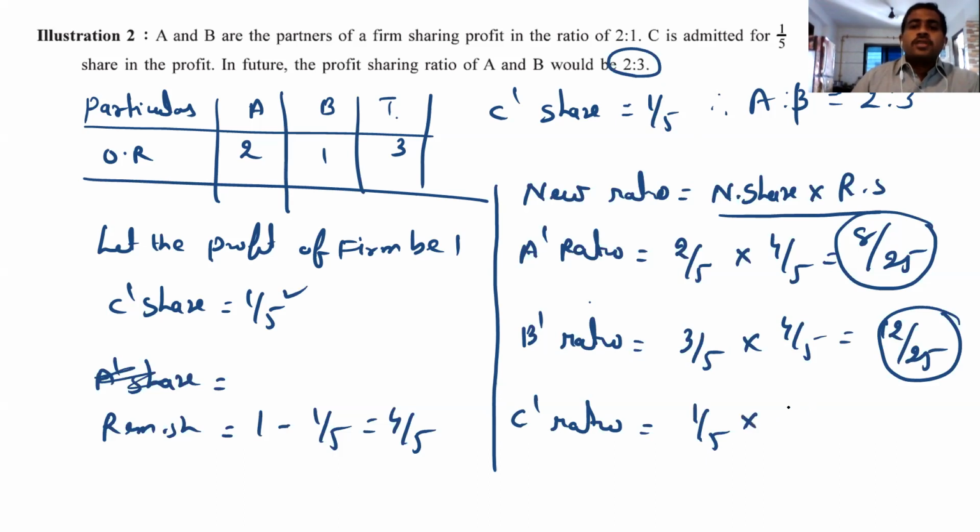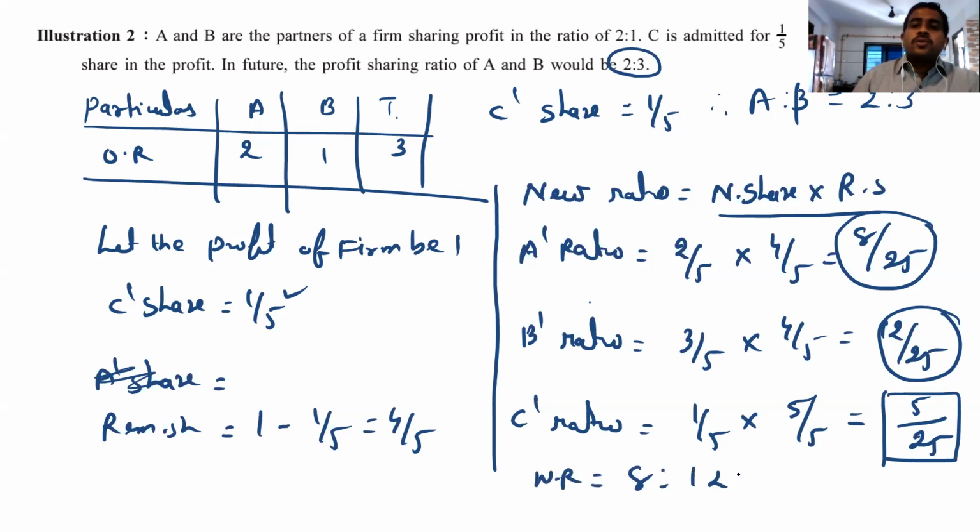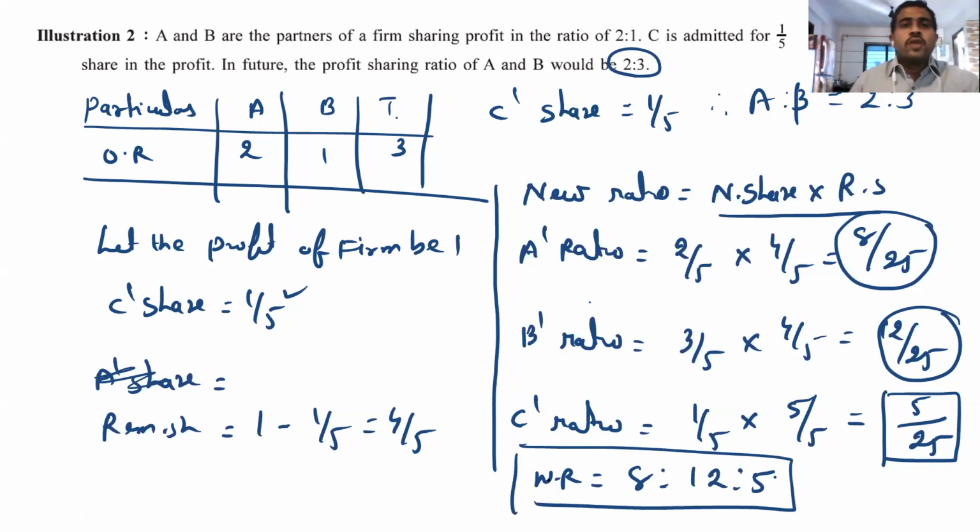So we just have to match the denominator. 5 fives are 25 and 5 ones are 5. So the new ratio comes to 8 is to 12 is to 5. Clear, friends? So these are the two sums that we have learned.